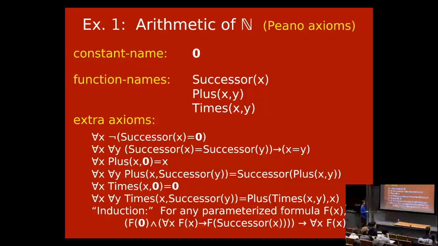And he wrote down these 7 axioms. Actually, the first 6 are just axioms, and the 7th one is a family of axioms. That says nothing comes before 0, and successor is injective, and x plus 0 is x. Some very basic statements. And induction basically is mathematical induction.